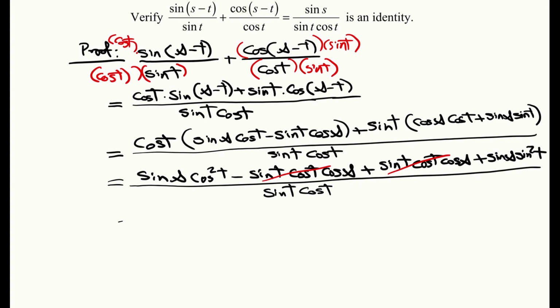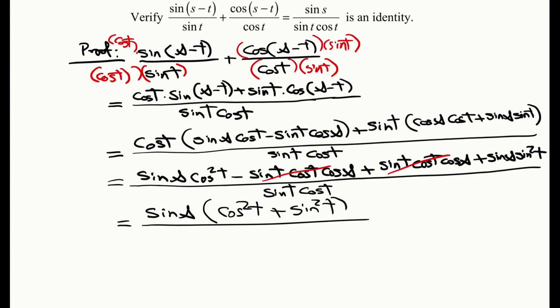So we end up with sine s times cosine squared t plus sine squared t over sine t cosine t.